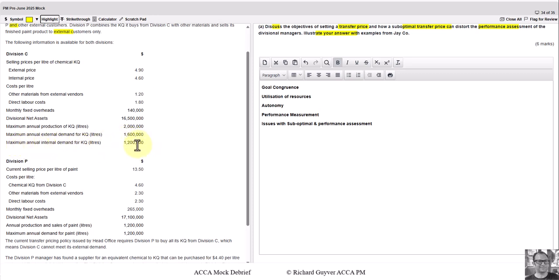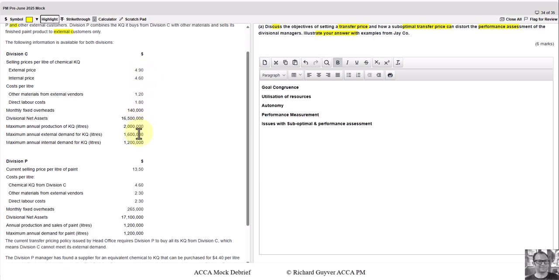So they total 2.8, which means there's an opportunity cost here. If Division C sells internally 1.2 million litres, it's only got capacity to sell 800,000 litres externally, which is only half of what the demand is. And it charges more externally.